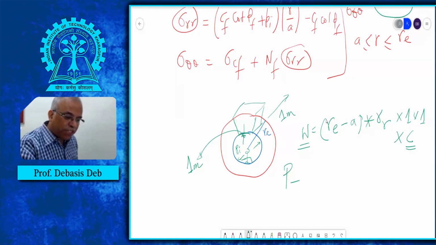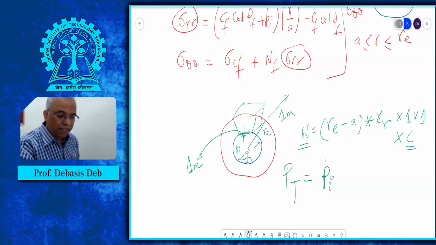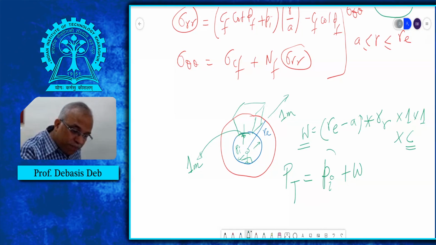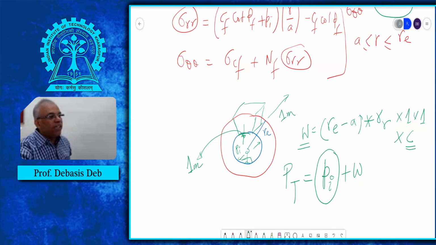Now the total pressure required is the Pi which we have already applied, plus this W, its weight. Now you see this Pi we have already considered in the equation, when we derived this equation. But this W we have never considered.